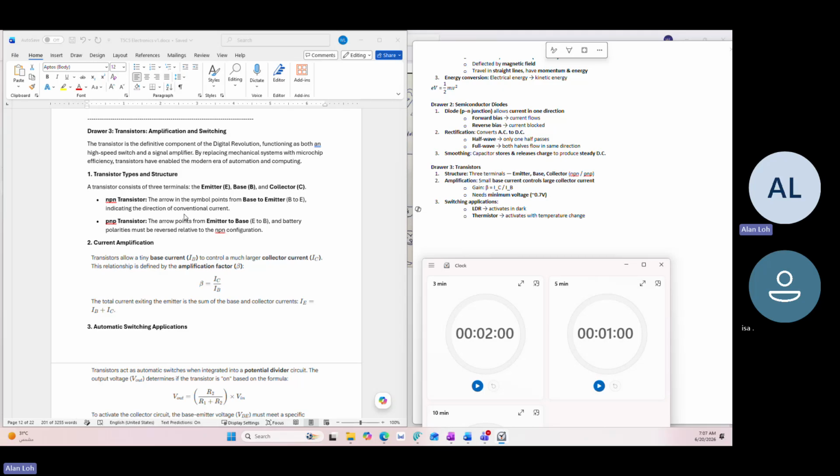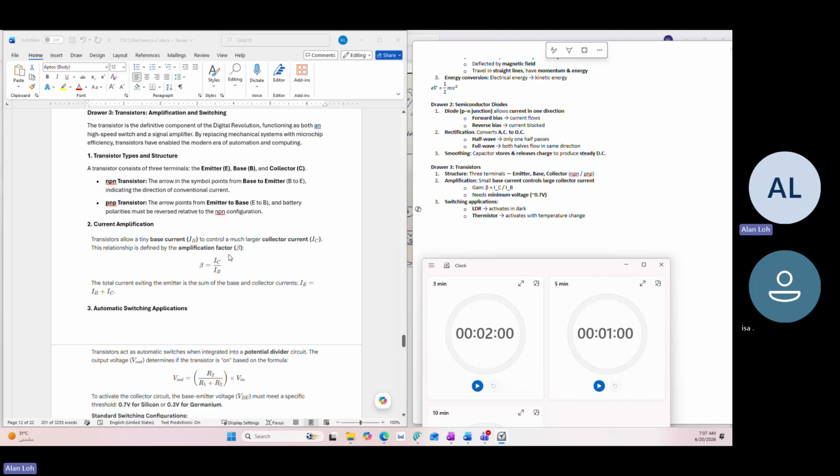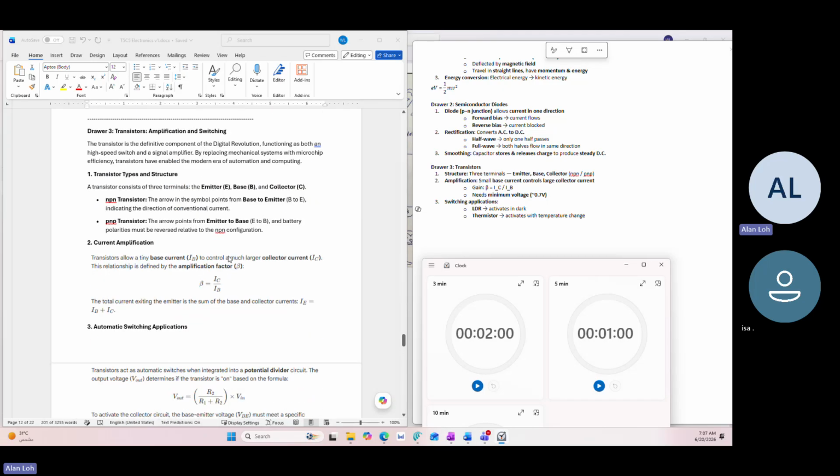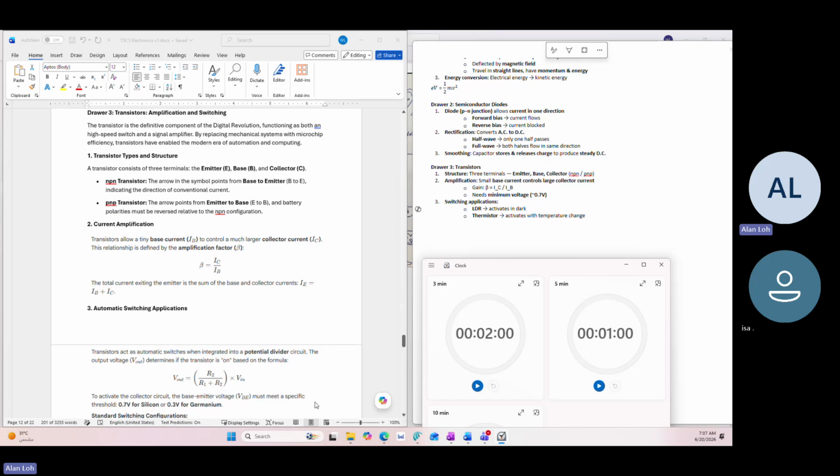Now let's continue on drawer 3, and let's see how long this is. Okay, it's just a little bit. So let's do 2 minutes. I'm going to slow down a bit more to cover the entire drawer 3, transistor.